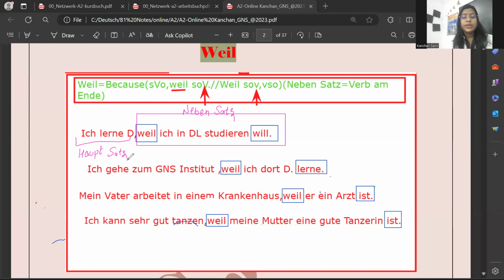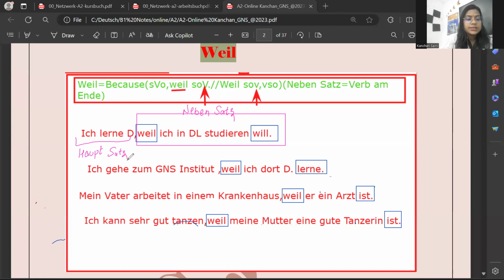If we want, we can also begin our sentence with the Nebensatz. We can keep this Nebensatz before the comma, and this Hauptsatz can be shifted after the comma. So let me write.